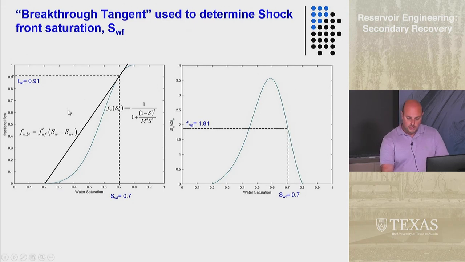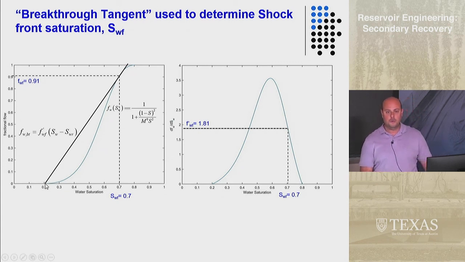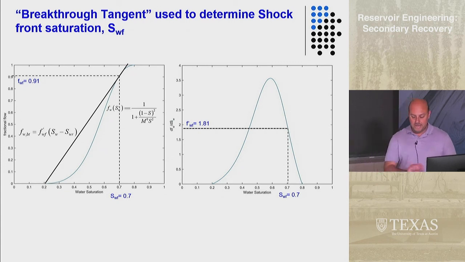And so the question is, could there be 2 points where this intersects? Not really. Now, one place it does intersect is here at the residual water saturation. That's the starting point. But that one doesn't count. And so if you fix this so that FW is equal to SWR, and then you draw this line, you draw it in such a way that it only intersects 1 point.